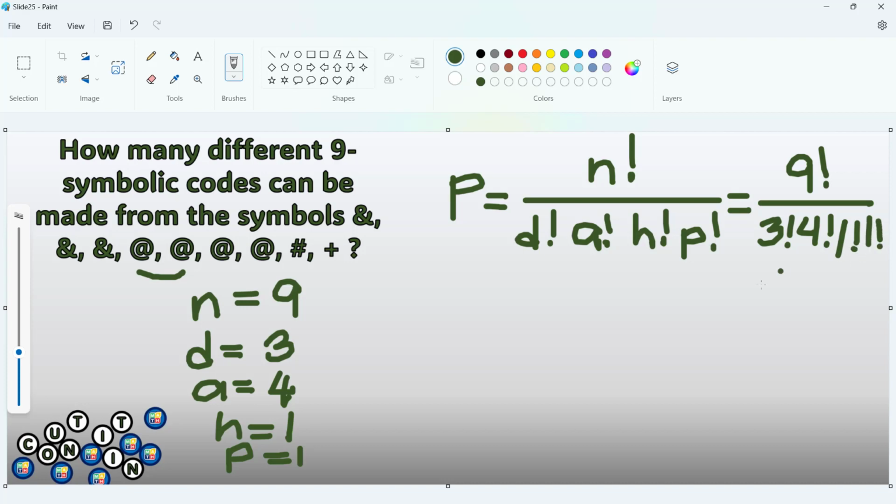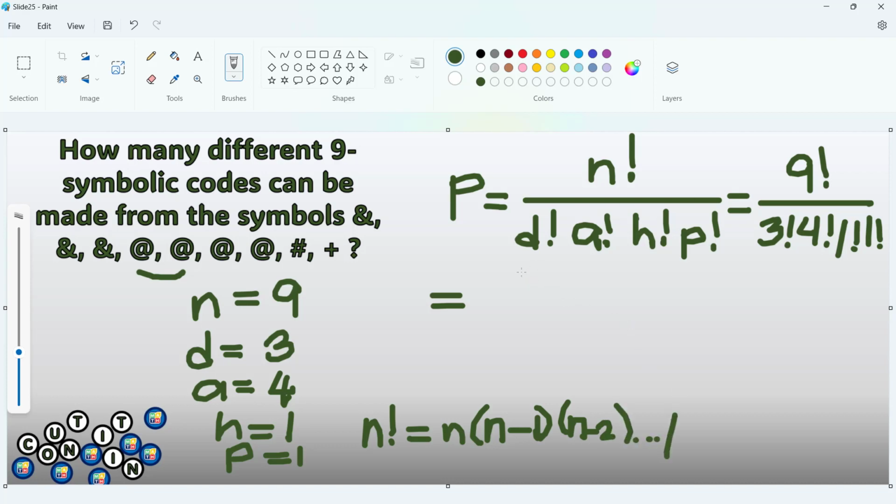This is now the time for us to simplify the entire expression. Take note that n factorial, which here is 9 factorial, is the condensed way of writing the product of integers from 1 to n. In reverse order, we have n times n minus 1, times n minus 2, until we reach 1.